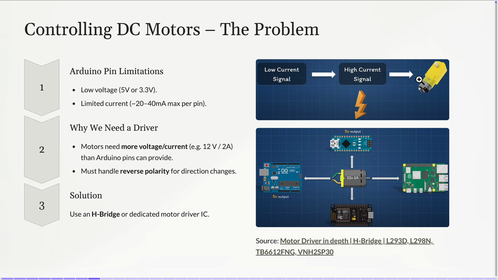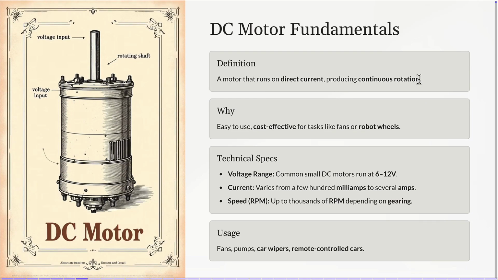Okay, let me just make it easier. What is the voltage that is provided by an Arduino or a Raspberry Pi? 5 volts, or it can be 3.3 volts. And now going back here, the technical specification. The motors may require 6, 12, maybe 24, maybe 48 volts.